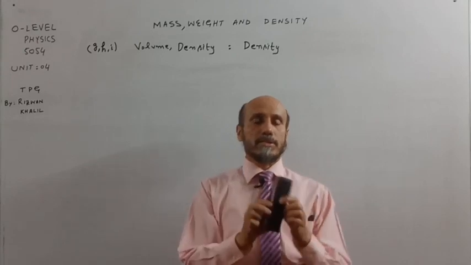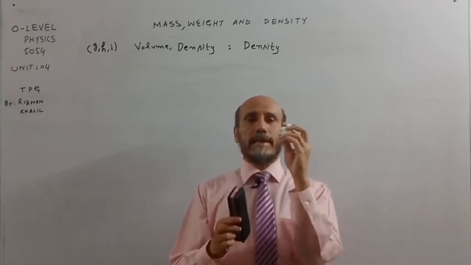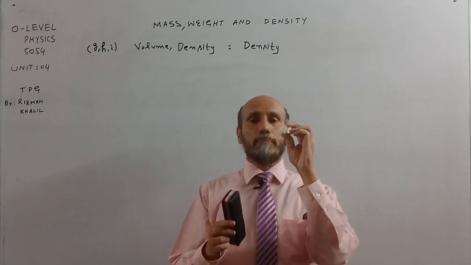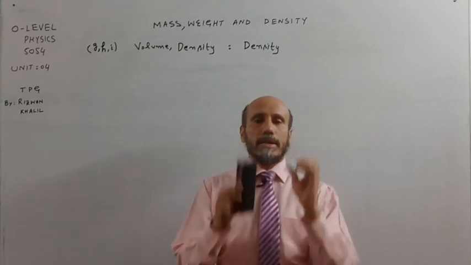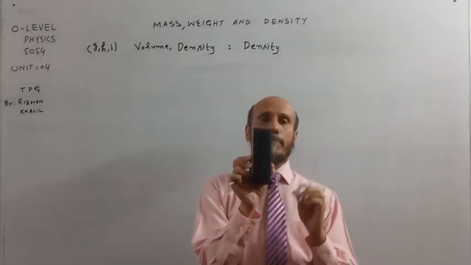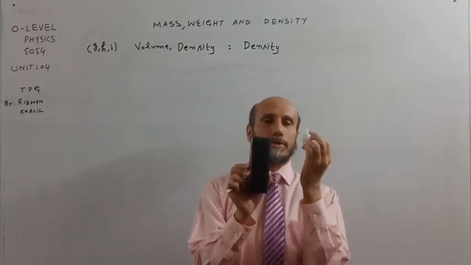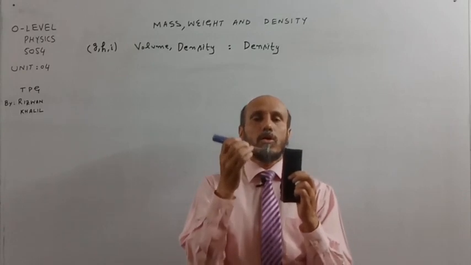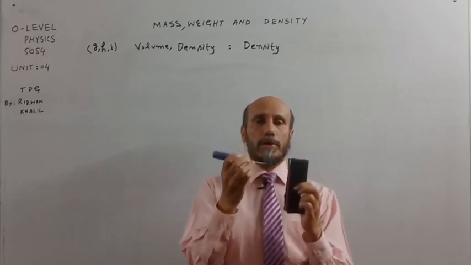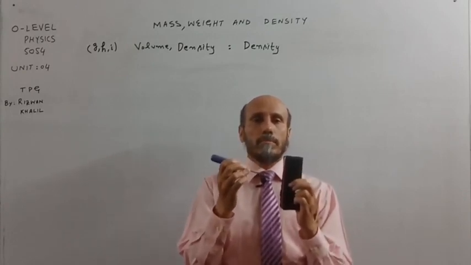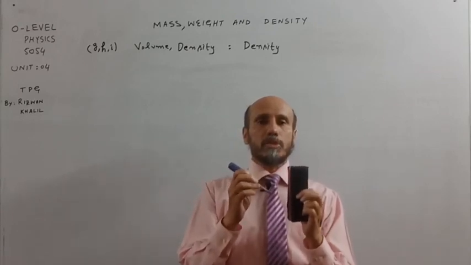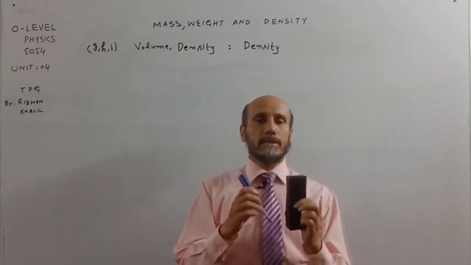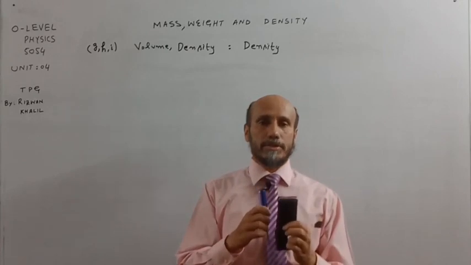The reason is simple: tissue paper has less quantity of matter per unit volume. The razor has more quantity of matter per unit volume as compared to tissue paper, and the screwdriver has the maximum quantity of matter per unit volume. So as the quantity of matter per unit volume increases, its density increases.